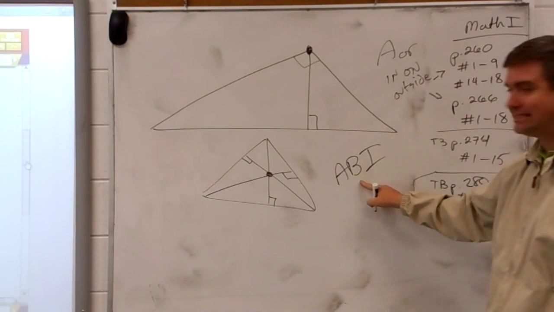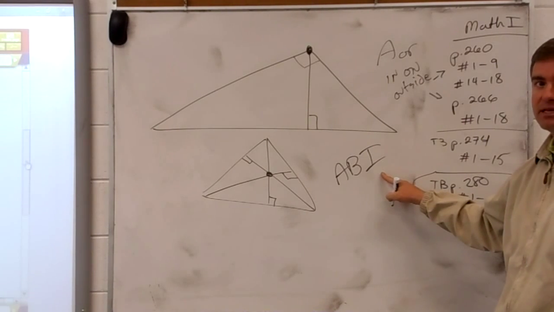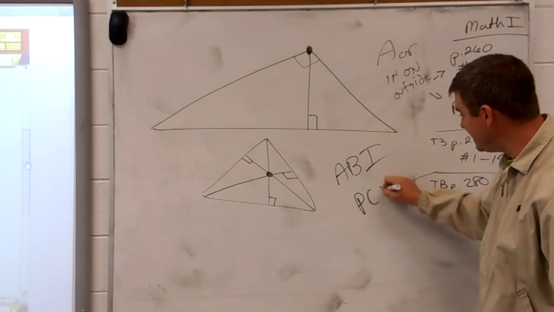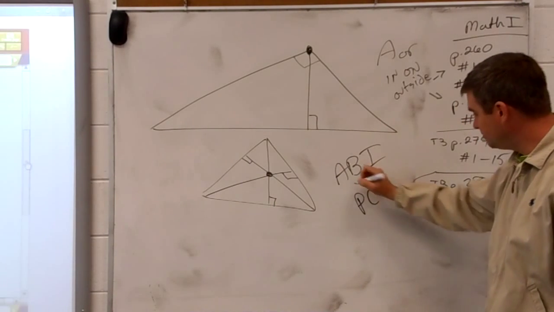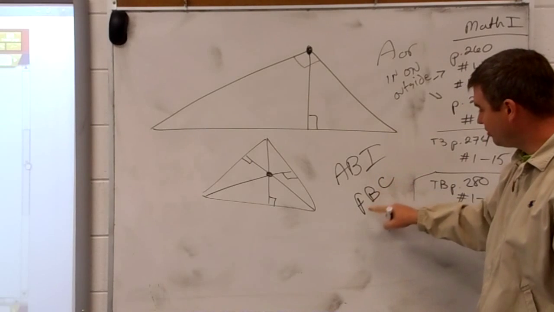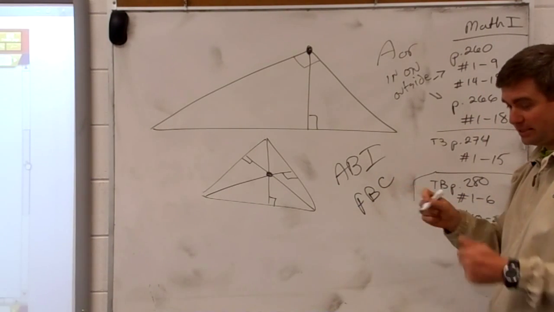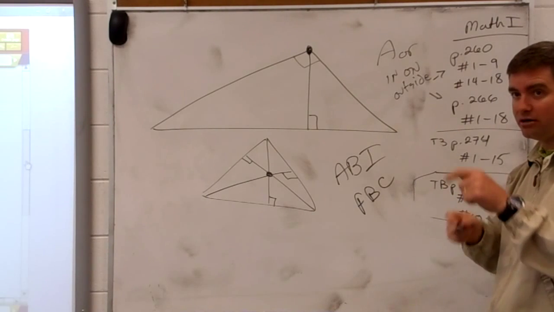The angle bisectors make the incenter. And then PBC, the perpendicular bisectors make the what? Circumcenter.